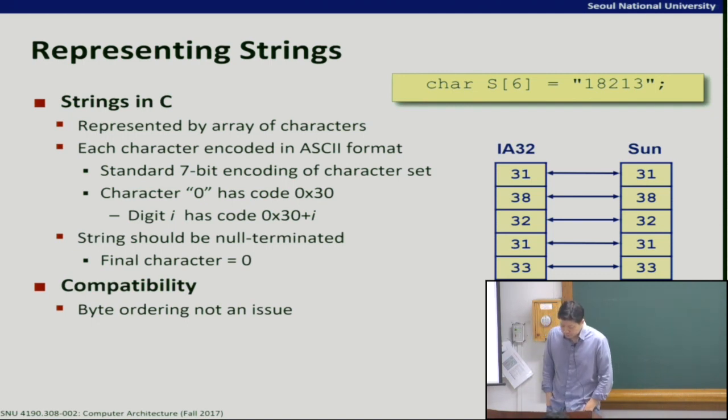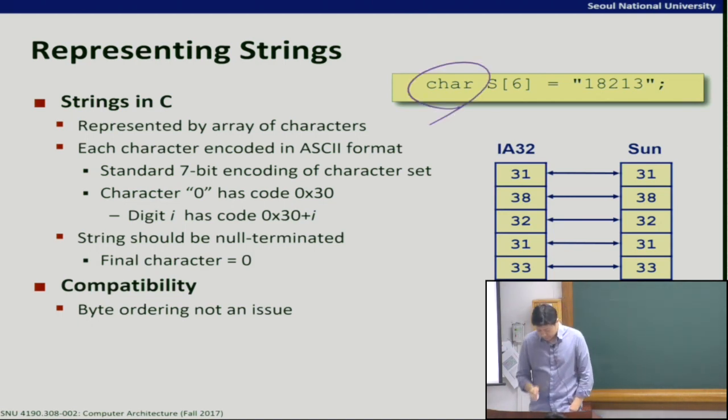Typically, if you use a C program, you use a character array type to represent a string. In this case, we use an ASCII code for a character string, by default. So with ASCII code, one character takes 1 byte.